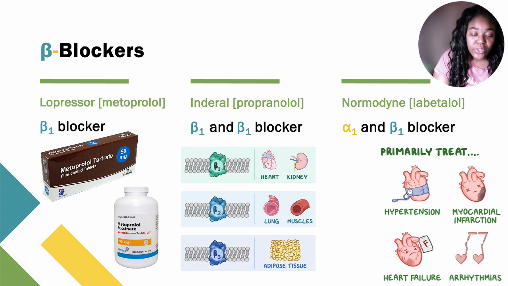So just make sure you understand the differences. You have cardioselective beta blockers such as metoprolol, and then you can have non-selective such as propranolol and labetalol, and they even cross over different receptor sites. You can have non-selective for beta 1 and beta 2 receptors, or non-selective for alpha 1 and beta 1 receptors, and so on and so forth.